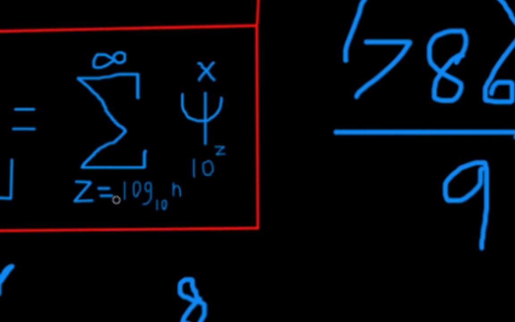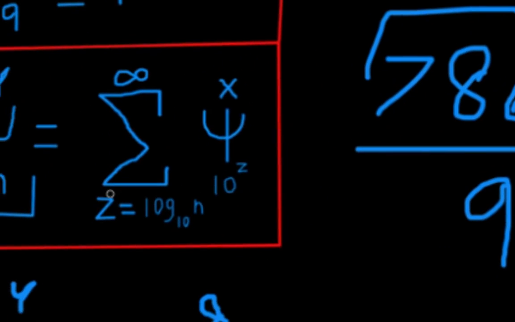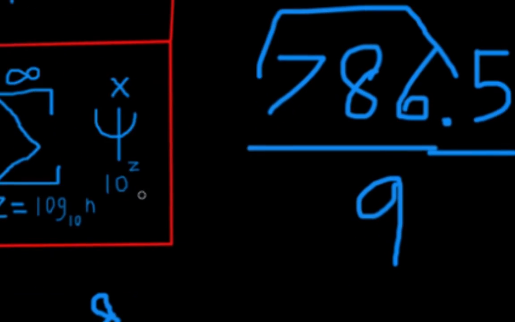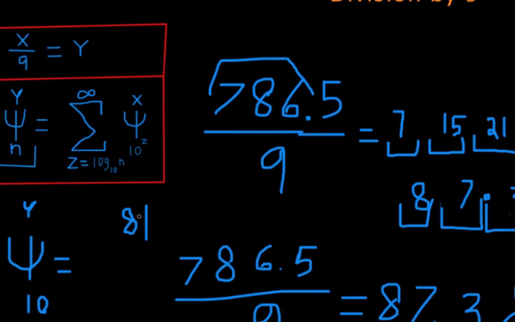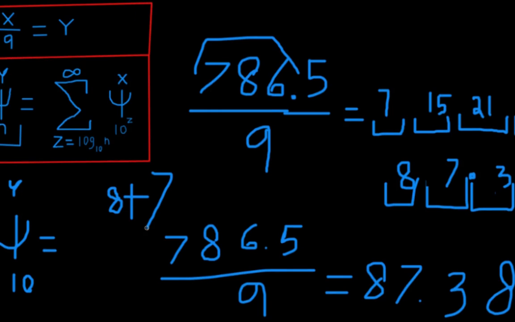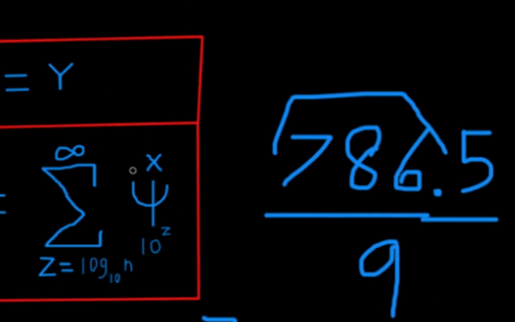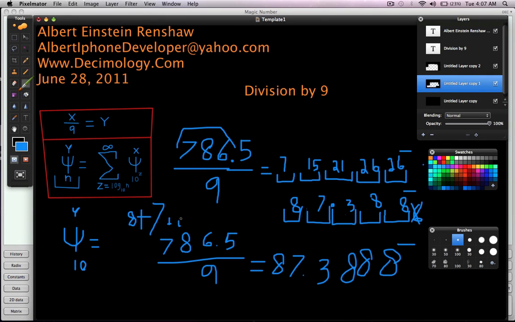So now z was 1, right? So now it's going to become 2. That's how sigma notation works. So psi of x, and then it's 10 raised to the second, so it's the 100. The 100s place is 7, so plus 7. And then now z becomes 3, and the thousands place of x is 0, so 8 plus 7 plus 0 plus 0 plus 0, and so on, will get us 15.